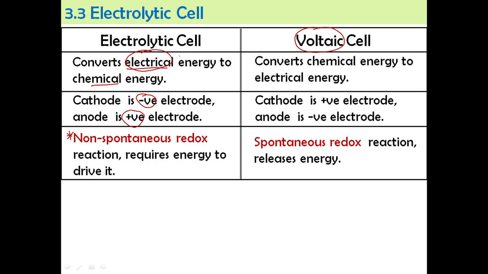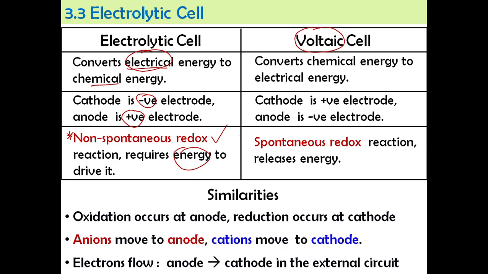Jadi, that's why electrolytic cell is for non-spontaneous redox reaction. Okay, supply energy baru boleh berlaku. Jadi, for a galvanic cell, opposite of the electrolytic cell. Okay, tetapi, for these two cells, there is a few similarities.